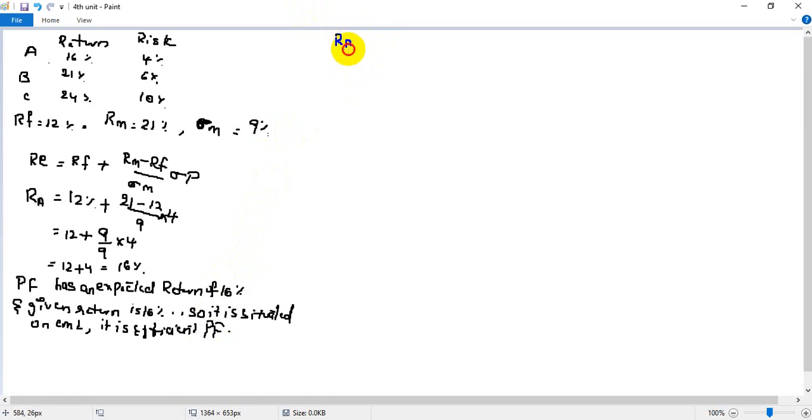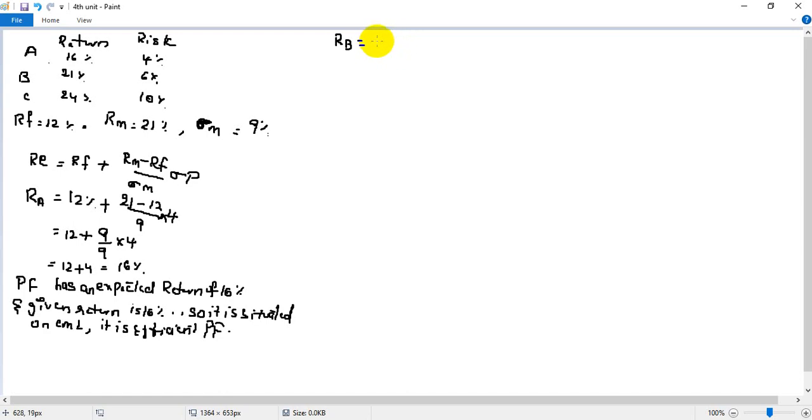Similarly, RB is equal to RF. The risk free rate will be the same, return on market will also be the same, and standard deviation of market will be the same. Only the risk will be changing for all the securities.